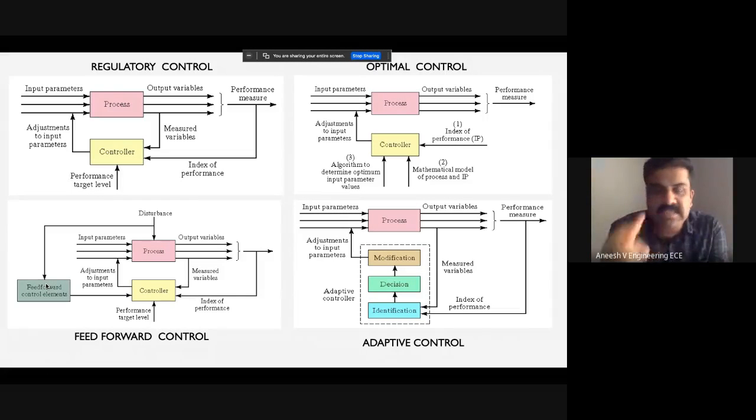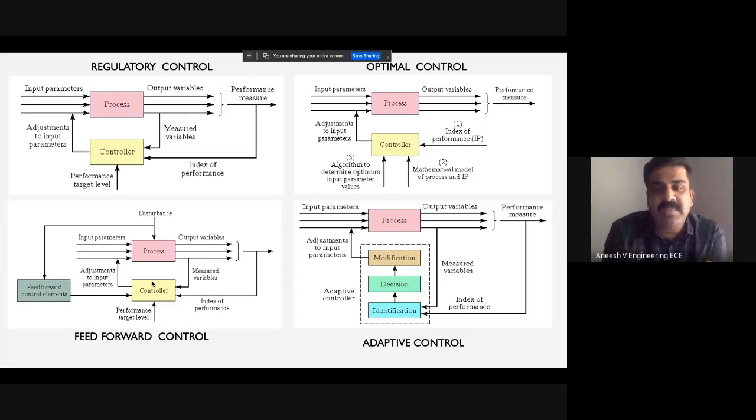If any disturbance is acting on the system, we check the disturbance parameter, mathematically model the disturbance, and check it with the controller. It is similar to regulatory control, but the disturbance parameter is also considered in our feed-forward controller.